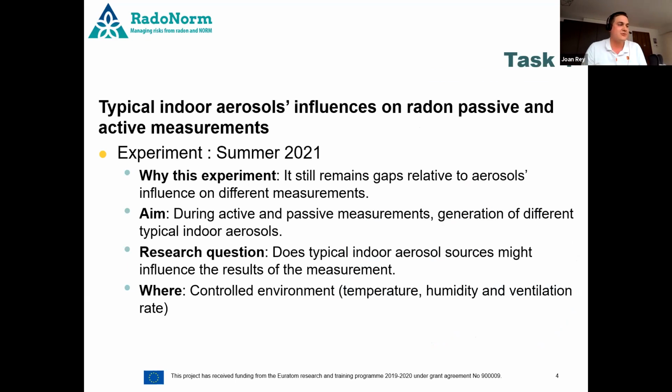Task one aims to assess the influence of typical indoor aerosols on both passive and active methods. This summer, I will be carrying out a big intercomparison of radon sensors under typical environmental conditions. I will generate different aerosol types and then compare the influence on the measured radon concentrations. This experiment will be carried out in a laboratory environmental chamber in Fribourg.